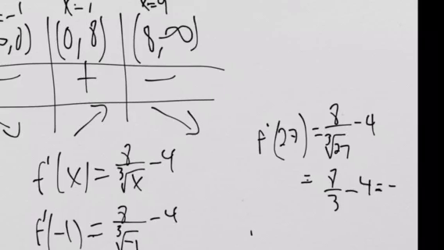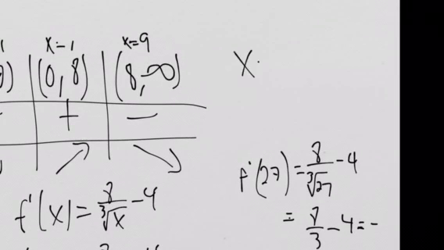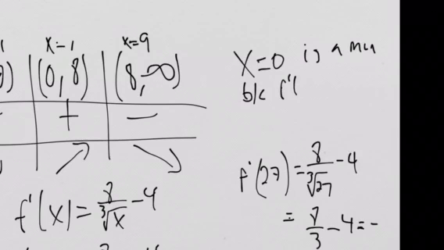So that implies that x equals 0 is a min because f prime switches from negative to positive.